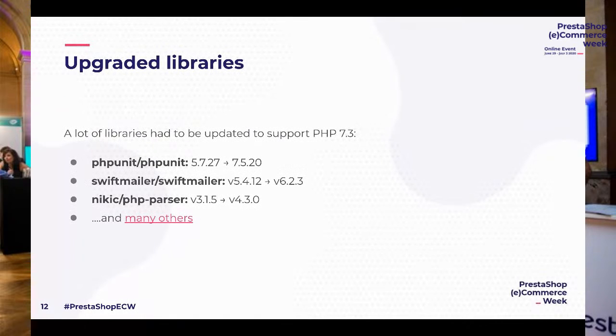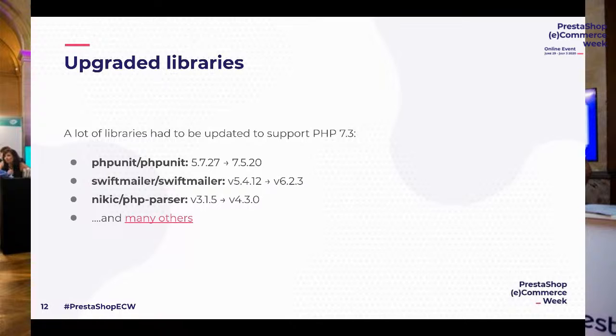The most important ones that I'd like to talk about today is PHP Unit, which I hope most of you use already or are familiar with, which was upgraded from 5.7 to 7.5, which is two major versions in between. SwiftMailer was upgraded as well, and PHP Parser was also upgraded to a new major version.